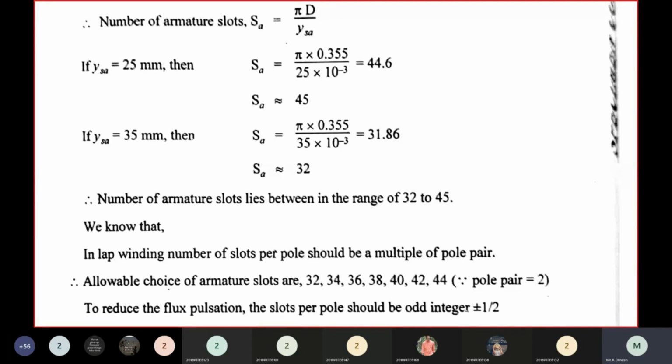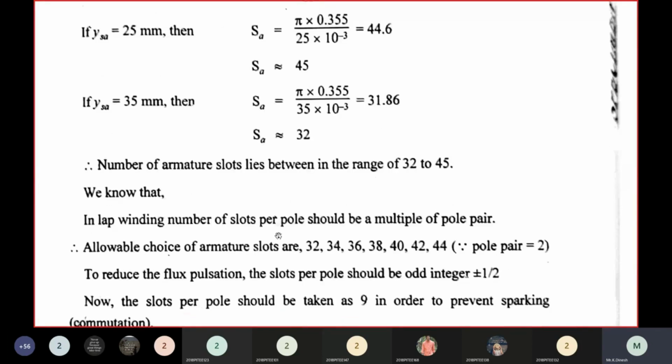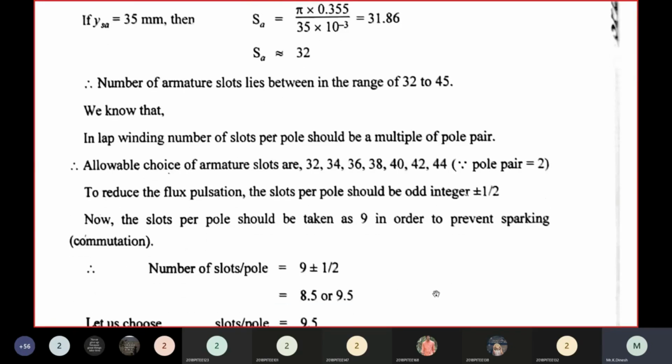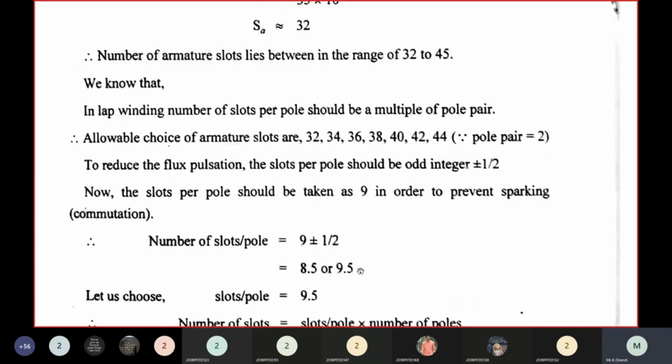To reduce the flux pulsation, the slots per pole should be an odd integer plus or minus half. In general, while discussing our guidelines, you may take 9 as the value in order to prevent commutation problems. So the number of slots per pole should be 9 plus or minus half, either 8.5 or 9.5.